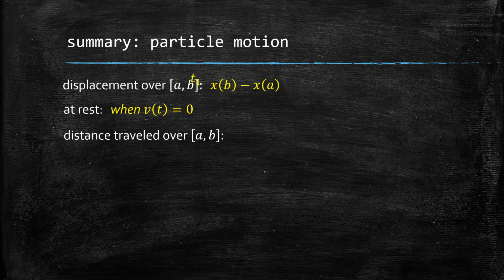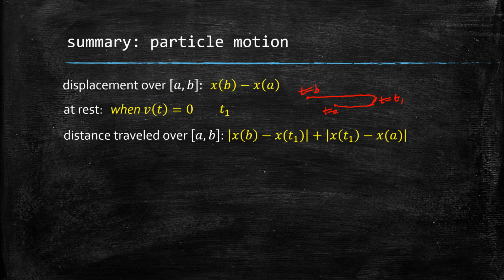Let's say that the particle is only at rest one time, at t1. Then we have to divide the distance calculation into basically two displacement ones. So we consider what happens from t equals A to t equals t1. We find that distance, and then we find the distance from t1 to B. Now, that's if it is at rest only once.